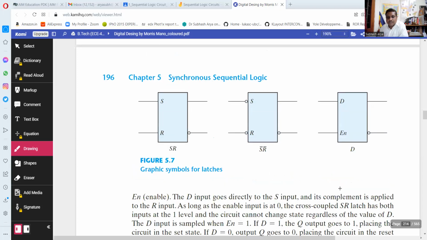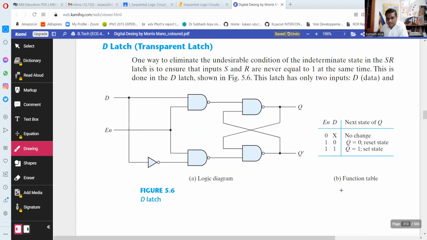Let me show the graphic symbol for latches. SR, this is S and R, and Q, Q bar as outputs. And for negative logic, this is the symbol. And this is the D flip-flop. This is just an extension of the SR flip-flop. Here you can see, up to here, this is the SR flip-flop.